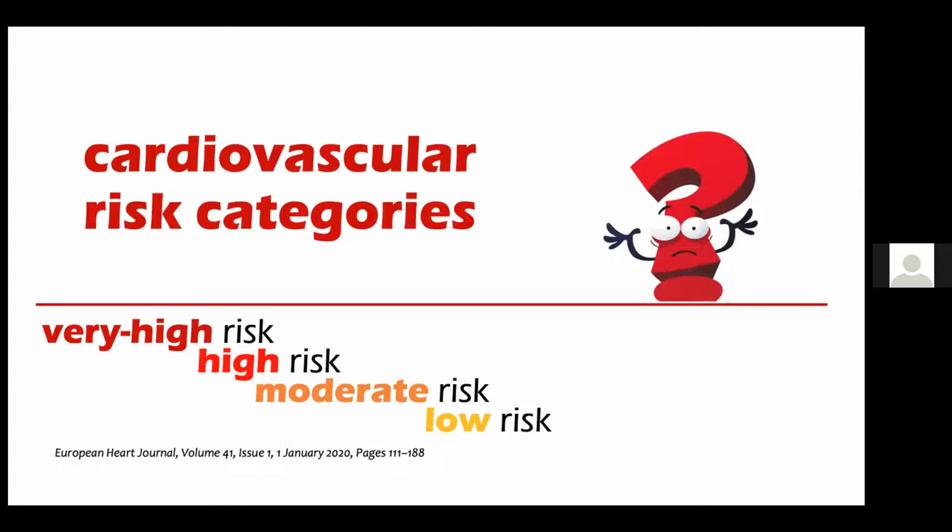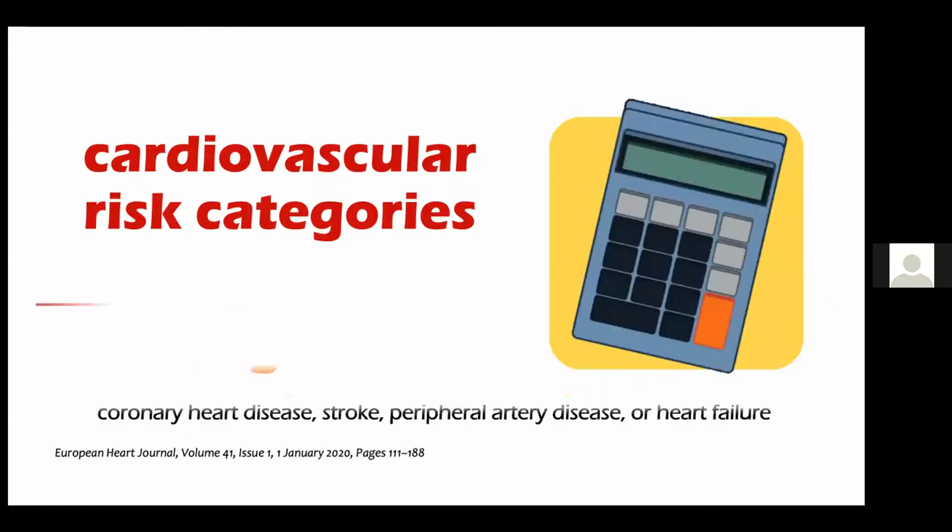Your patient's risk will be greater than 30% when it is very high risk, between 15 and 30% when it is high risk, less than 15% but above or equal to 3% when it is moderate risk, and low risk when it is less than 3%.